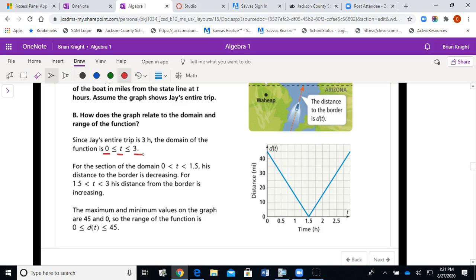You said 45 to 0, but you really mean 0 to 45, always start at the bottom. This graph tells you the distance at any point, how far you are away from the state line. So it is from 0 less than or equal to d, less than or equal to 45. That would be your range.